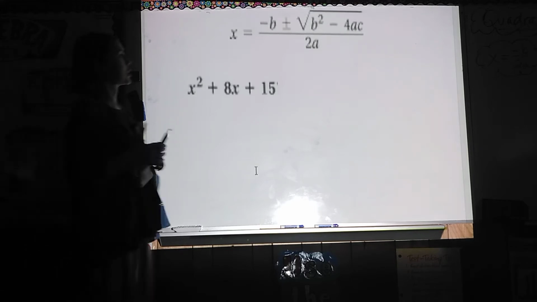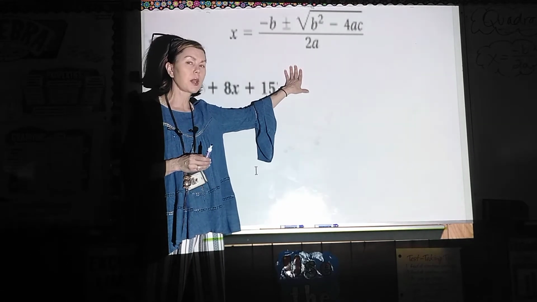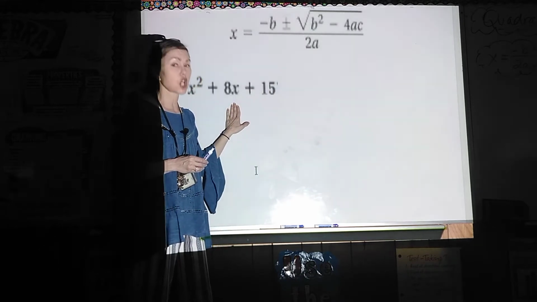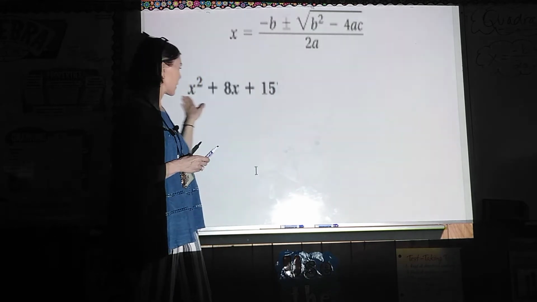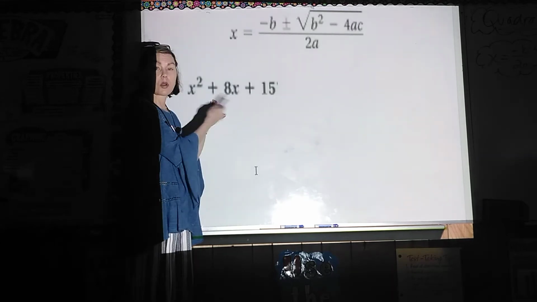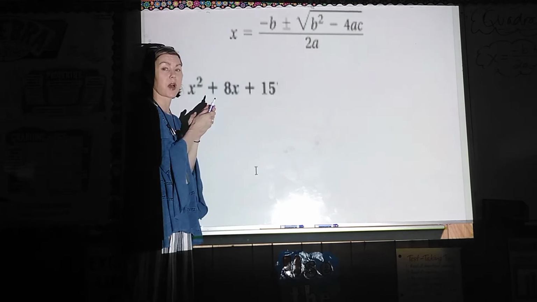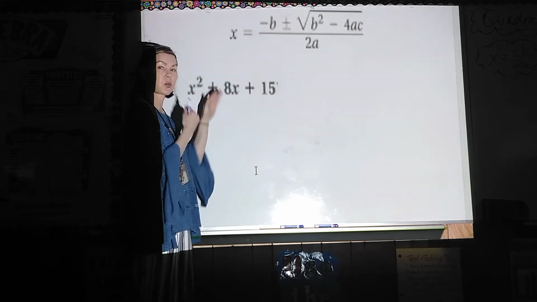And we are going to use the quadratic formula to find how many solutions this has. This is the same quadratic that we had above, the x plus 3, x plus 5, the what times what gave us this when we factored it.